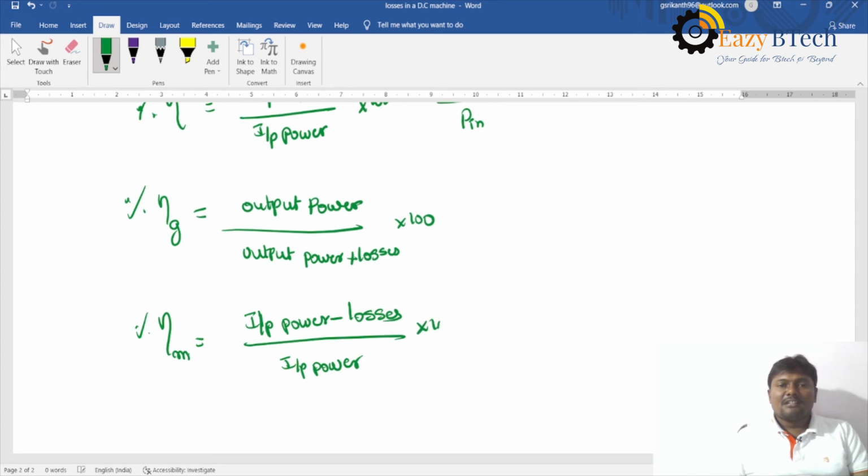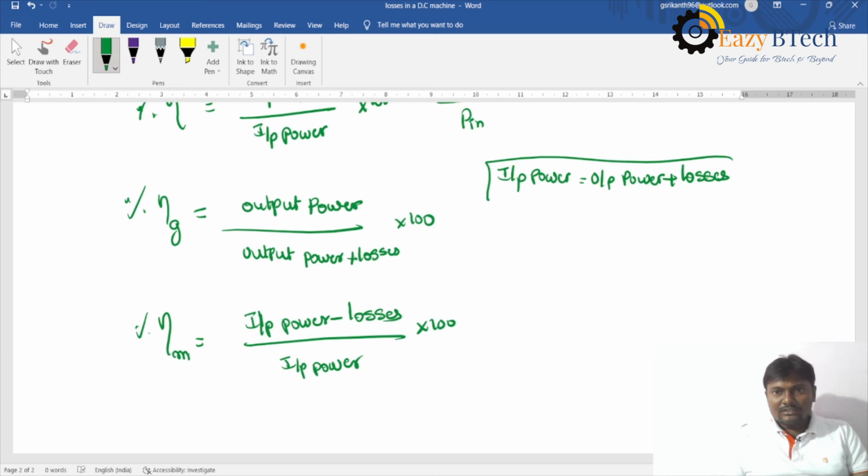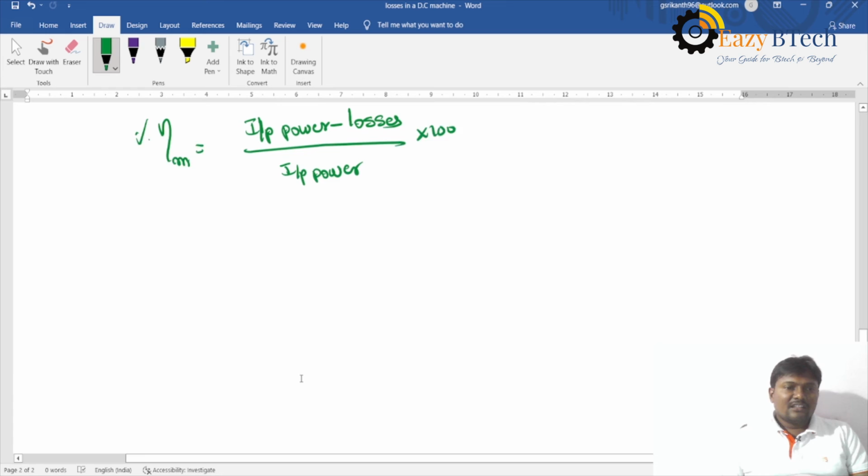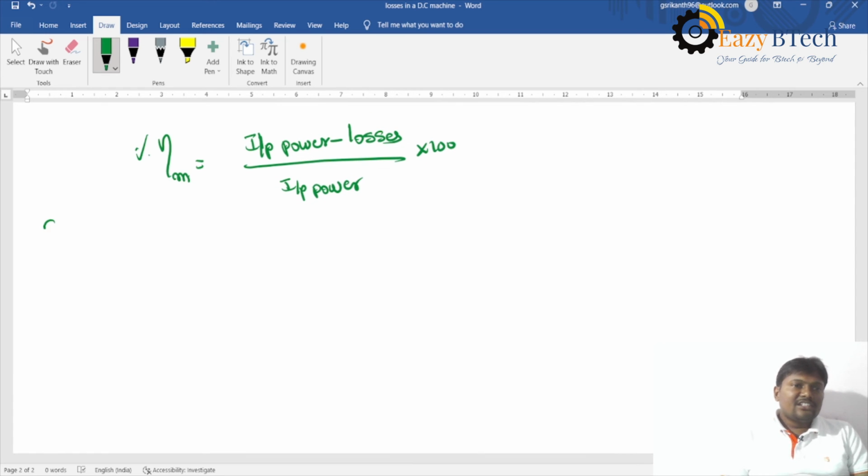In electrical terms, input power is equal to output power plus losses. Whatever the input power is, it meets our requirement, which is our output power, and also some losses will be produced.